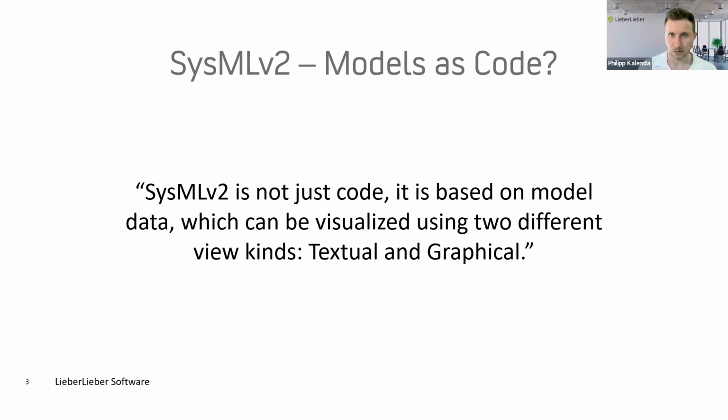The first thing that is quite new to SysML v2 is that it is based on a new meta model, the Kernel Modeling Language. So it's not based on UML anymore. So there's a quite drastic change. And on top of this as well, there are new ways to visualize the model. So we have the possibility to visualize the model in a textual representation. And this textual representation is very much like source code, you could say.